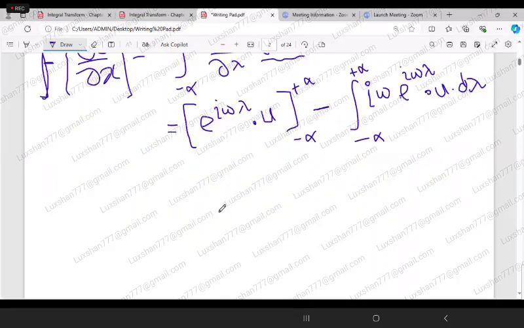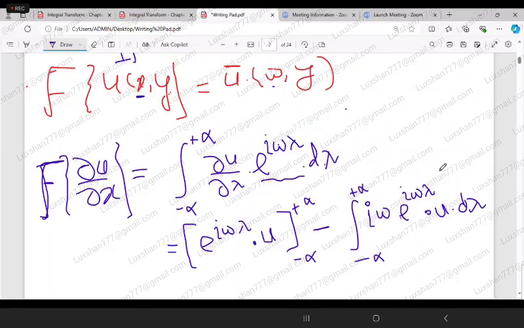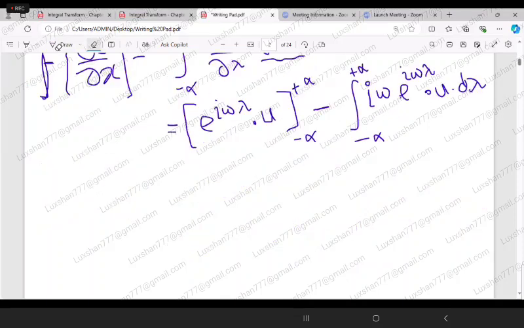With the assumption that u tends to 0, we'll write it here properly, this boundary term is equal to 0.